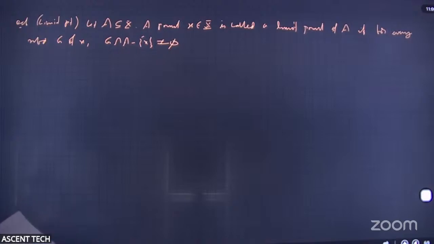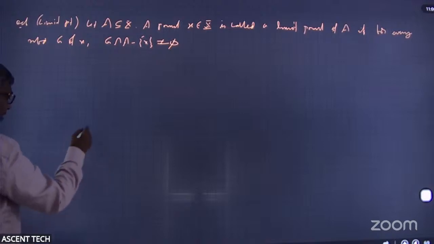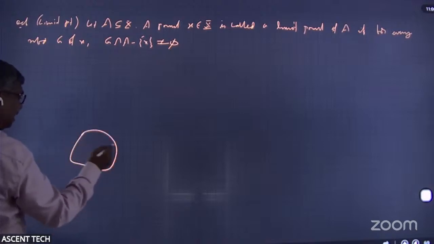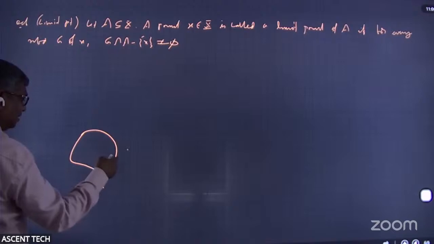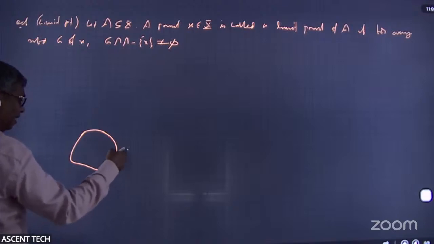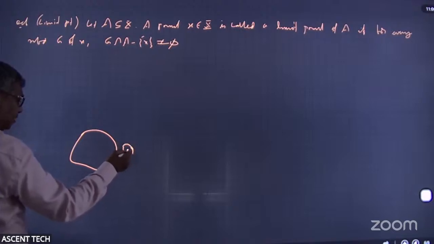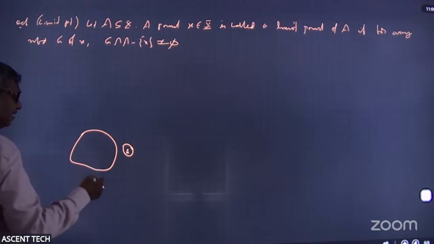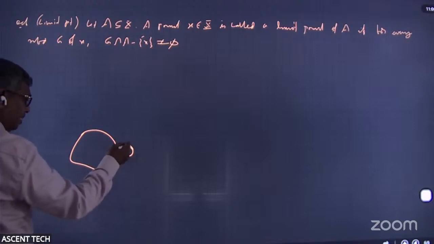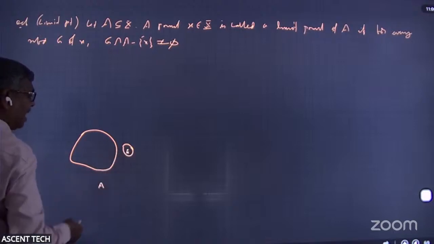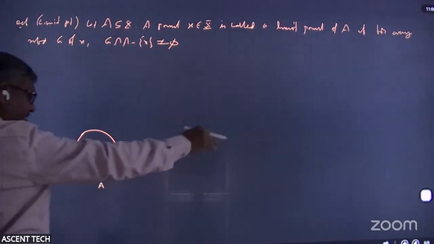I can talk about an isolated point also. Suppose this may be the set A, including this point. This point is isolated in the sense that I can squeeze in a neighborhood around that point X which has no other point in intersection with A. That alone is the point inside G, and no other point. That is how we say an isolated point is there, somebody just sitting isolated.